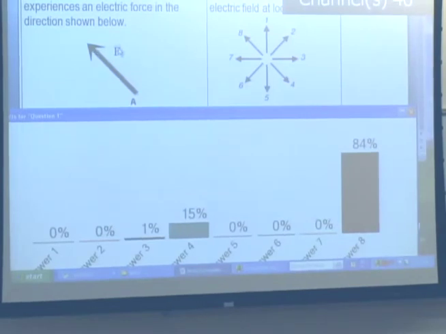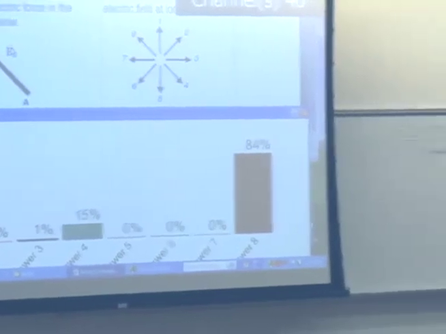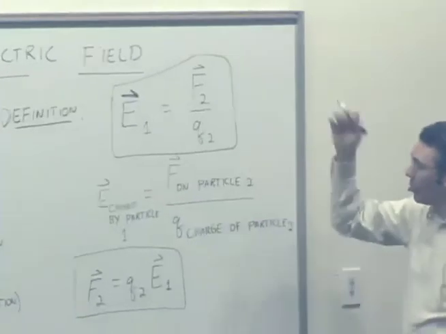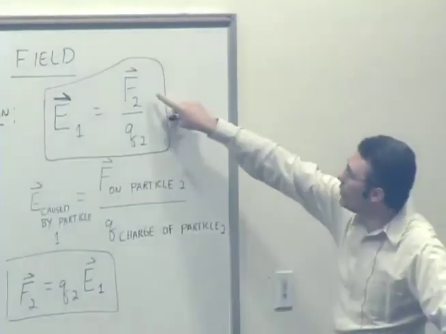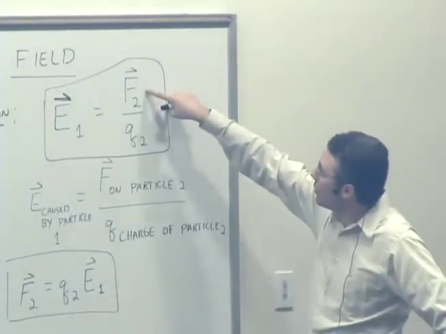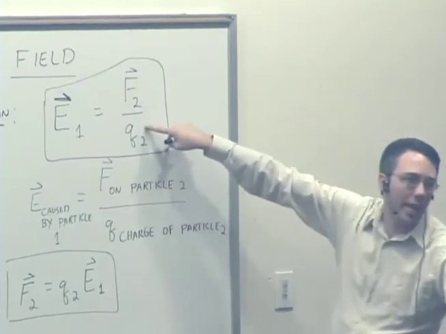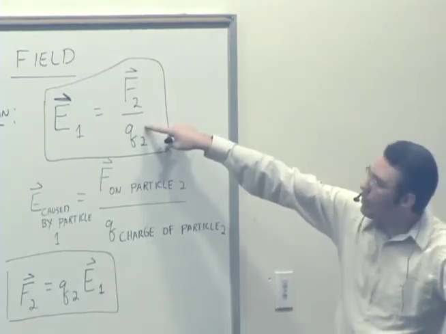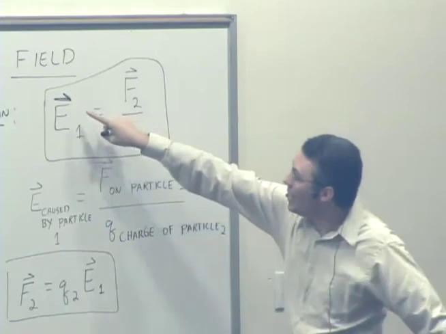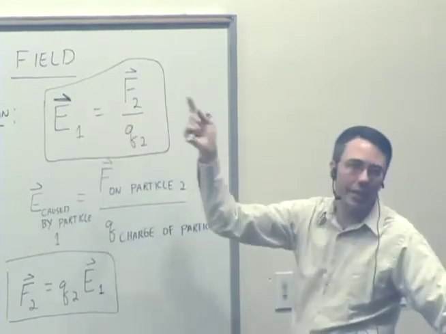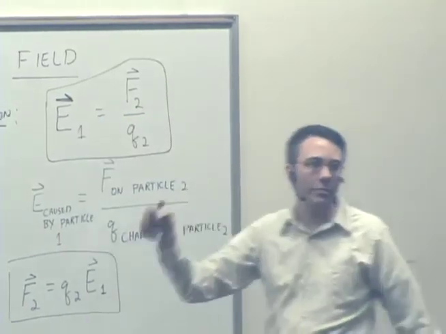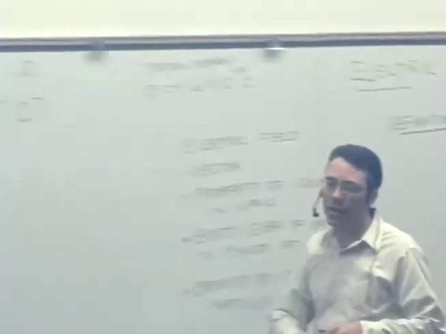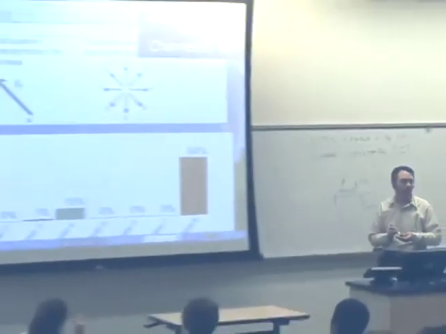And so just from our definition of electric field, just reasoning from the formula without even having to plug in any numbers, we know the direction of the force. We're dividing by a positive, so the new vector, the electric field, should be in the same direction as the force vector. Okay, so direction 8 is correct. Okay, questions?